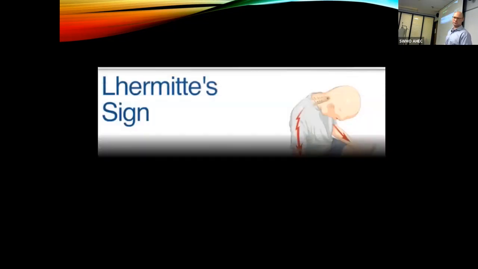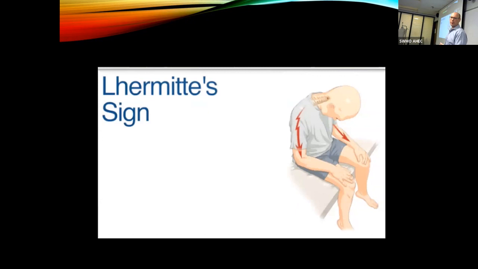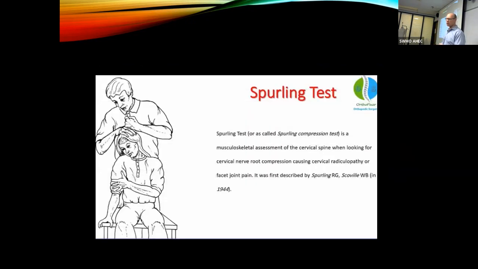Go ahead. Lhermitte's sign is something easy to do, and you got to check the range of motion anyway. So you have them flex their head all the way down and let it sit just for a couple seconds. And if it reproduces paresthesias in their arms, then it's a good indication that they have some pathology in their neck. Spurling's test, somebody mentioned that earlier.